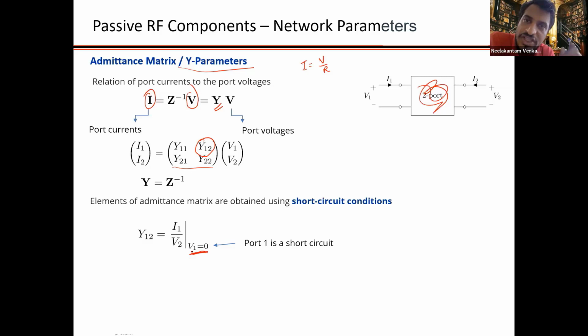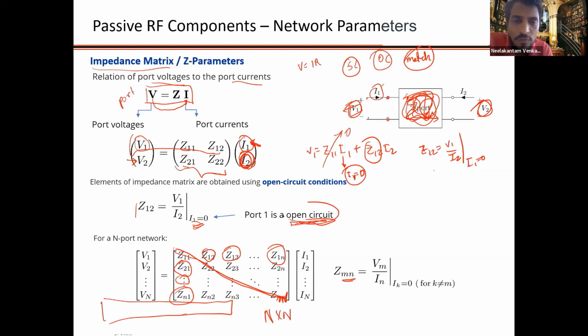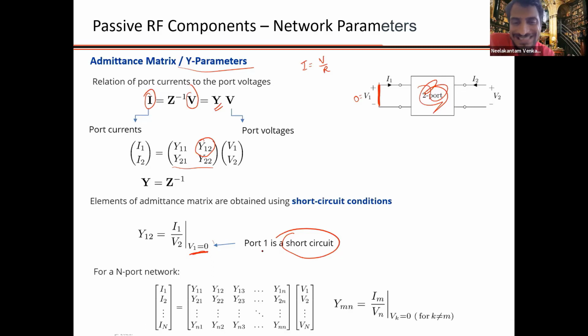That means the voltage at port 1 is 0. When will the voltage at port 1 be 0? When I make it a short circuit. If I connect it as a short circuit, then V1 is equal to 0. So unlike the Z matrix where you had an open circuit, for V1 you're having a short circuit. So you used open circuit for Z parameters, short circuit for Y parameters. You can extend it similarly.